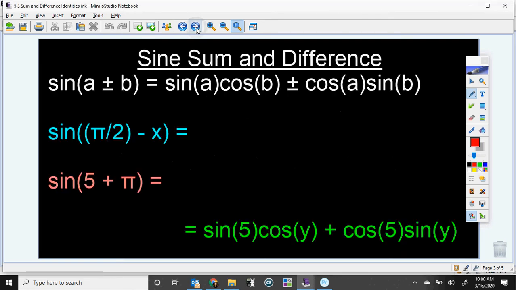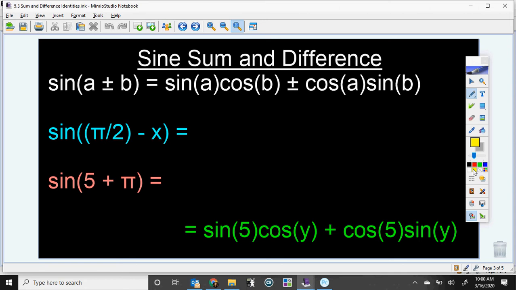All right. So the first ones we're going to talk about are our trig identities, specifically the sine identities. So it says sine of A plus or minus B equals sine of A cosine B plus or minus cosine A sine B. Now, I'm going to say right now the plus or minus doesn't mean the same thing it does in quadratic formula, where it means you have 2 different answers.